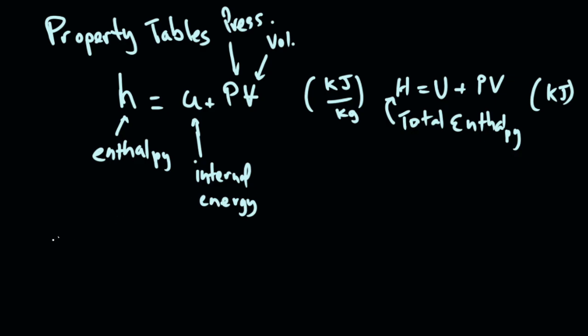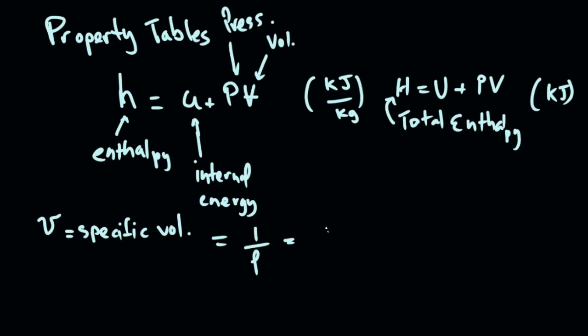Another thing we're going to be talking about is little v, which is specific volume. Little v is equal to 1 over the density.